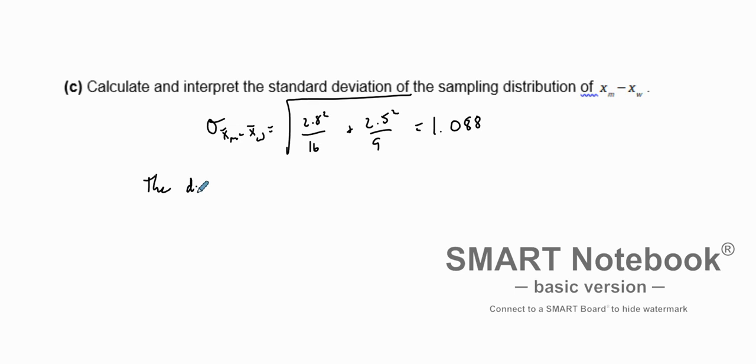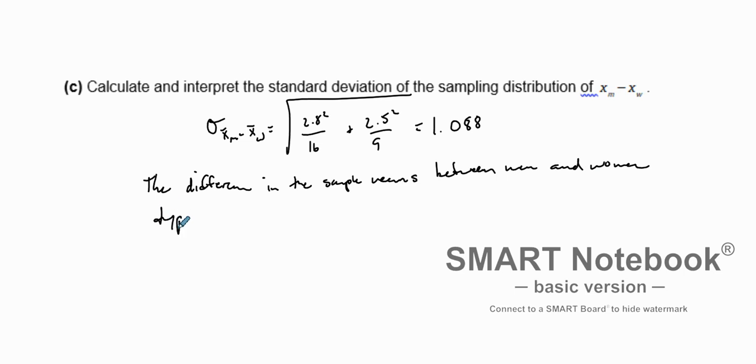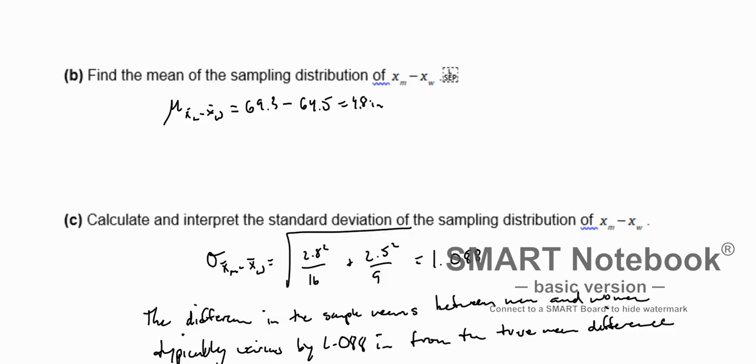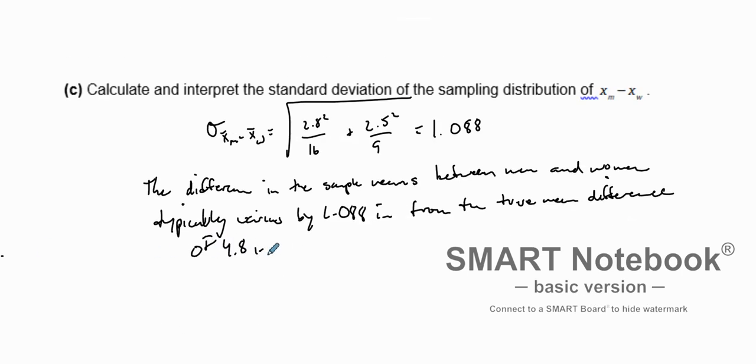The difference in the sample means between men and women typically varies by 1.088 inches from the true mean difference of 4.8 inches. And that's what we have for standard deviation.